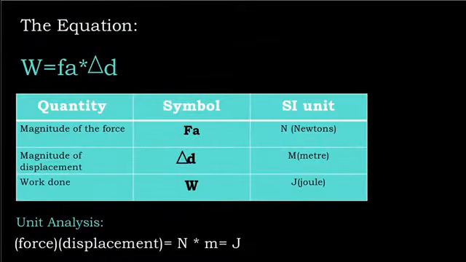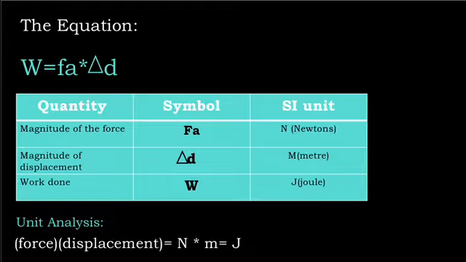Now that we understand work and where it comes from, it's time to speak of the equation. The equation is modeled as W = Fa × ΔD. In this table, I have shown what units each symbol is in and what quantity it represents. In the case of Fa, it's the magnitude of the force, which is measured in newtons.